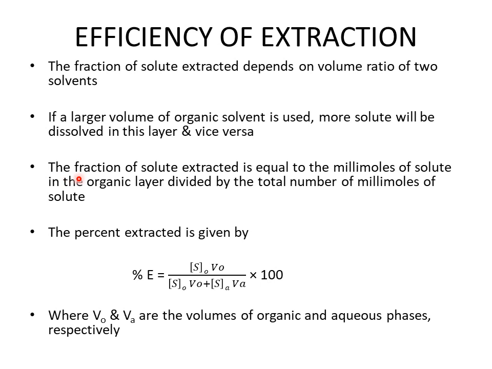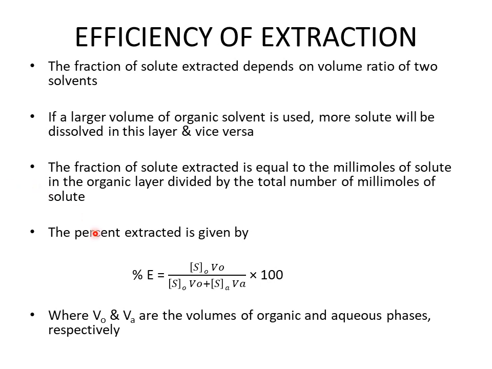The fraction of solute extracted is equal to the millimoles of solute in the organic layer divided by the total number of millimoles of solute present in the two phases.